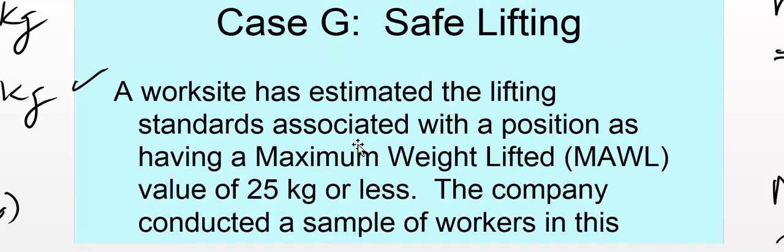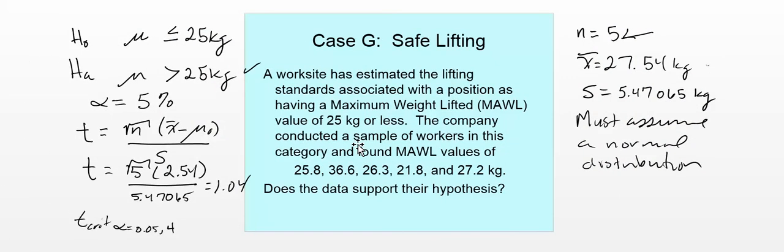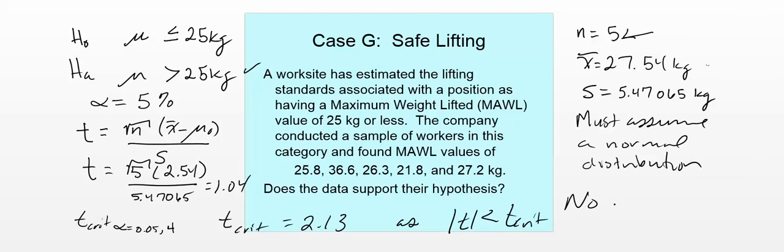Going back to our problem, we note that t crit equals 2.13 and our t is less than t crit. We have no reason to reject the null hypothesis.